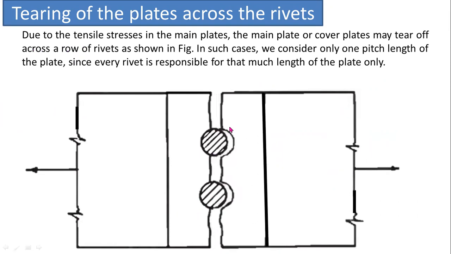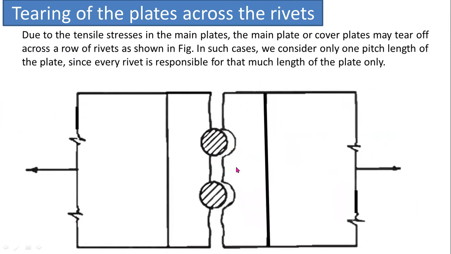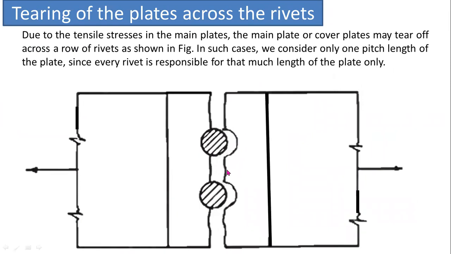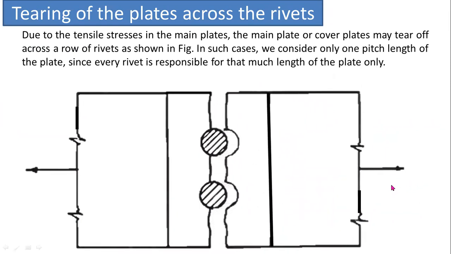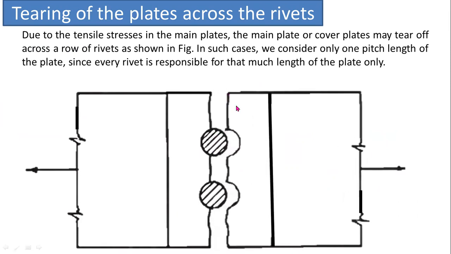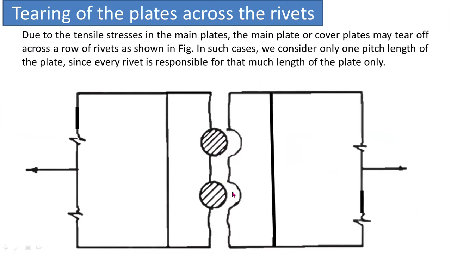In such cases, we consider only one pitch length of the plate, since every rivet is responsible for that much length of the plate. Here you can observe this is the failure, tearing of the plates across the row of rivets.